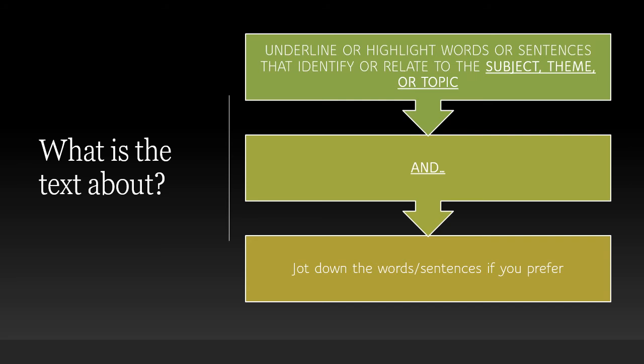And again, it's important and helpful to jot down words and sentences in the margin. You will find, I believe, that this will help you, especially with the paraphrasing experience and your ability to put what you just read in your own words and find a deeper understanding of it.